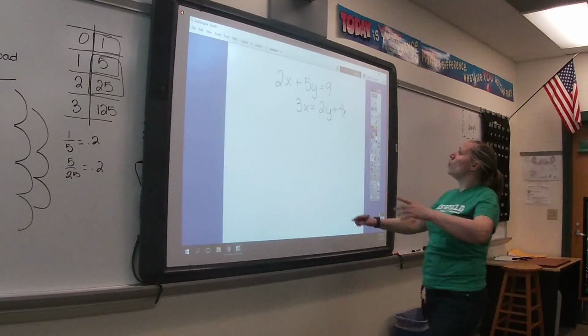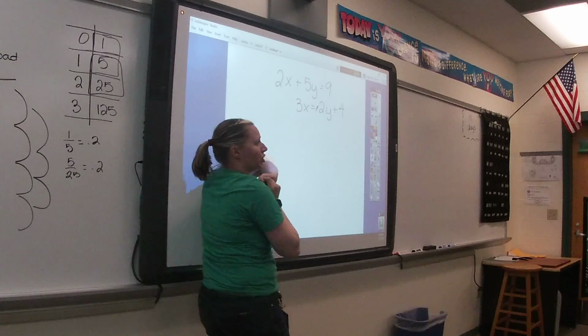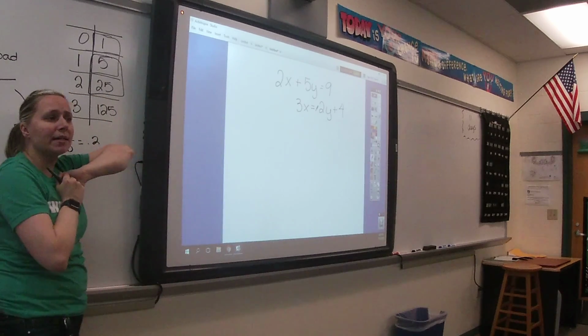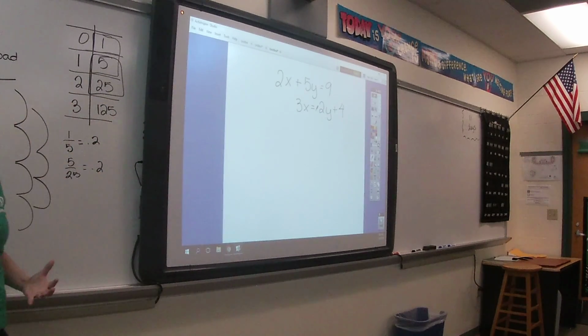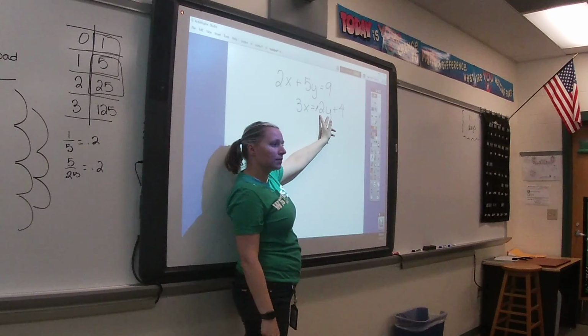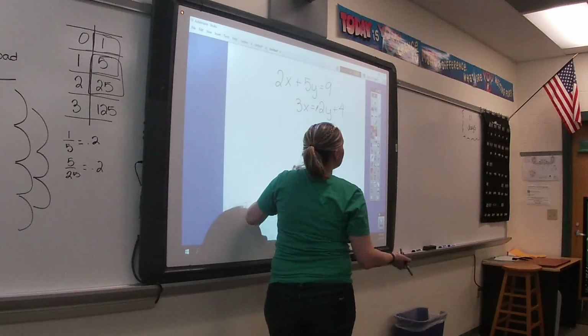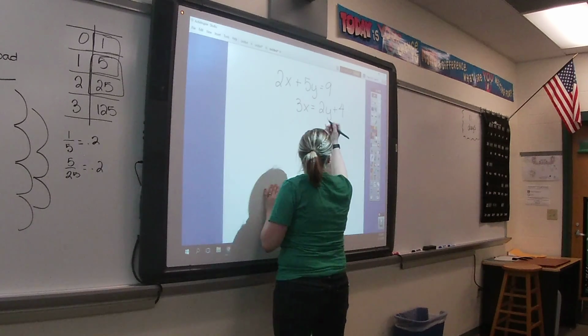Okay, so if I want this equation to be set up the same way as this equation, and I want my x and y to be on the same side of the equal sign, how do I move a positive 2y? I subtract it, right? I undo a positive with a negative.